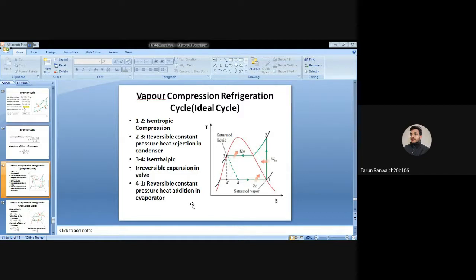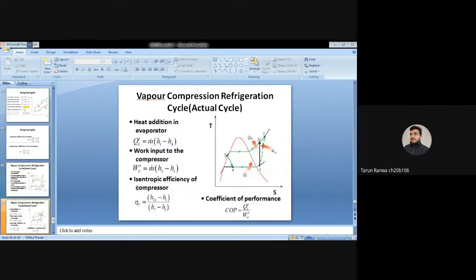Now the vapor compression refrigeration cycle, and this is the ideal cycle, and afterwards we will discuss the actual cycle. Here path 1 to 2 is isentropic compression, 2 to 3 is reversible constant pressure heat rejection, and 3 to 4 is isenthalpic irreversible expansion in the valve. 4 to 1 is reversible constant pressure heat addition in the evaporator.